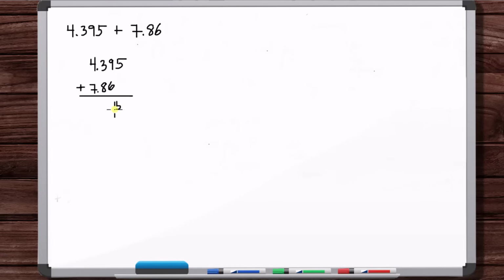So we've got 5, 9 plus 6 is 15. Carry the 1. 12, carry the 1. Next we want to round this number. How many significant figures are we going to round this number to?